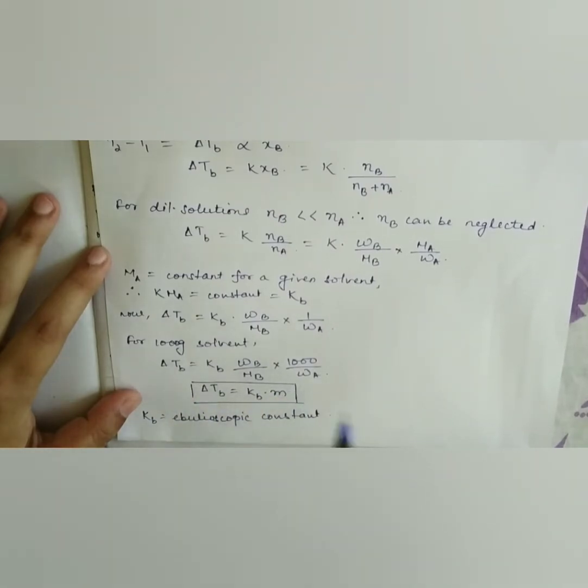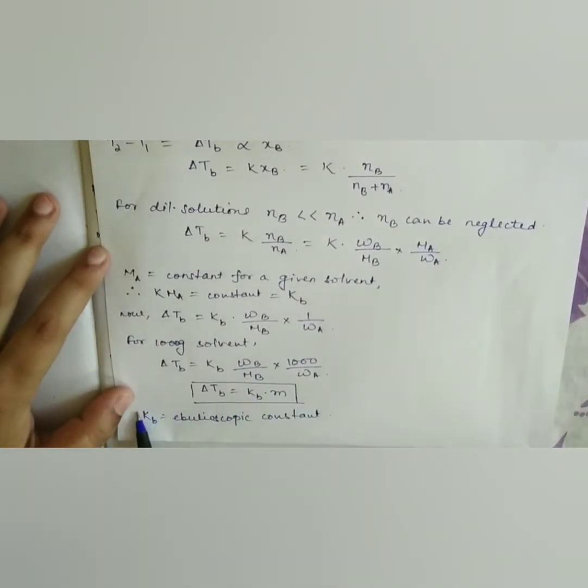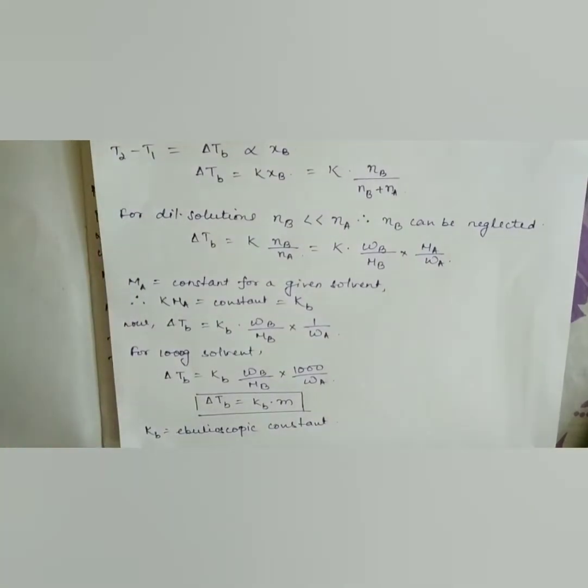m represents molality. This constant Kb is known as ebullioscopic constant. Kb has different values for different solvents, but for a particular solvent, it has a constant value.